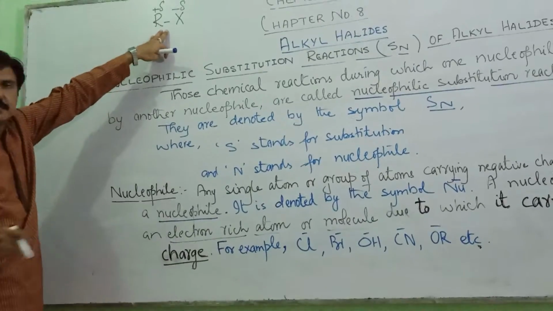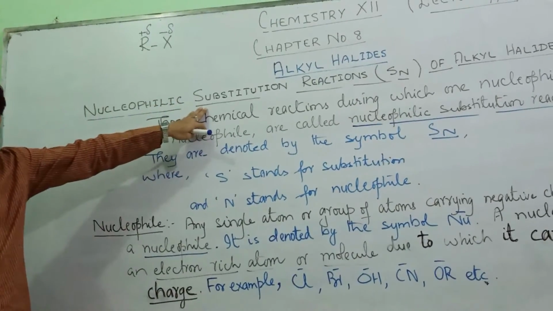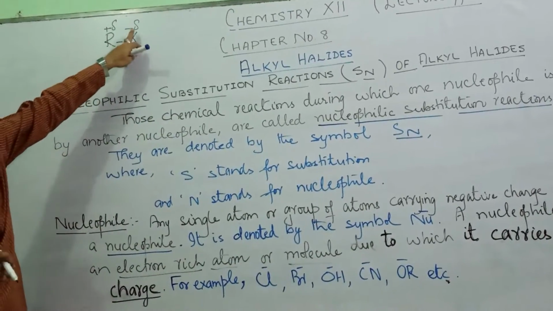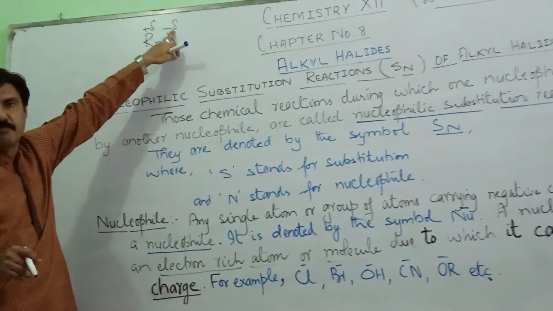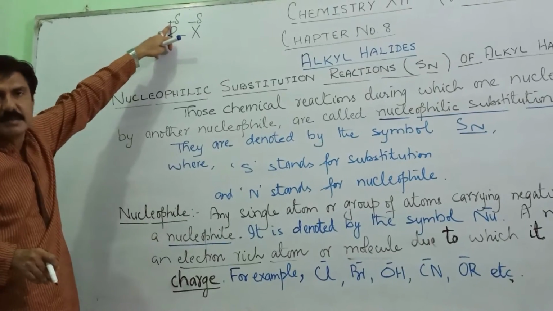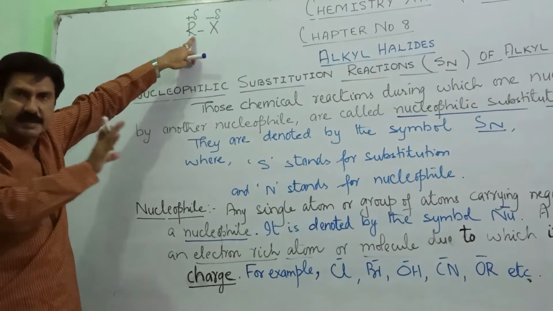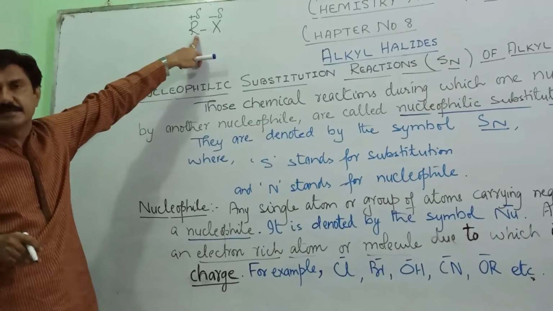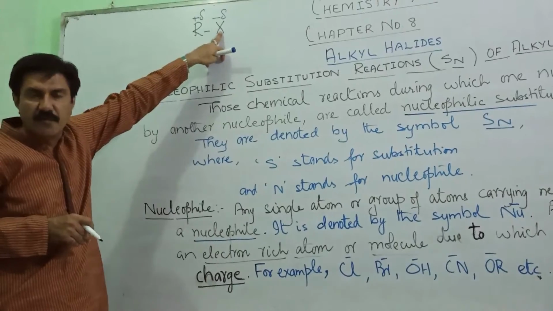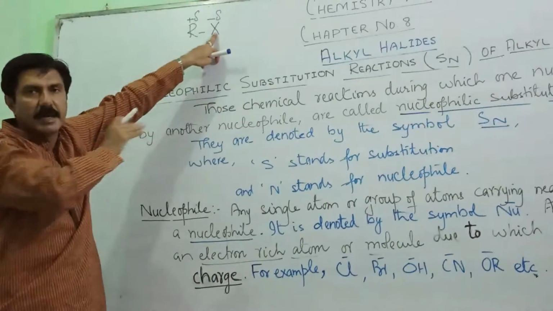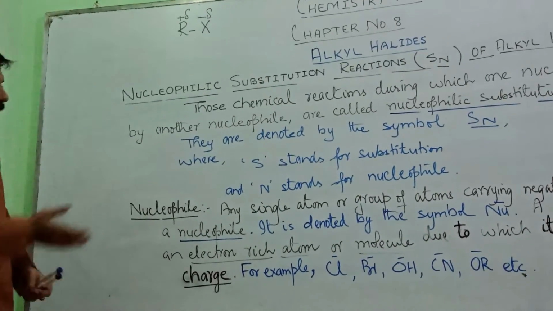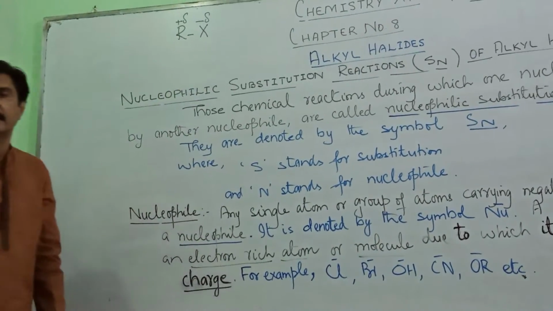Now, when we are discussing nucleophilic substitution reactions, you must be knowing that X, having a partial negative charge on it, behaves like a nucleophile here, while R, having a partial positive charge, is an electrophile. So what we have to do in nucleophilic substitution reactions of alkyl halides is remove this halogen atom as the leaving nucleophile, and in place of this halogen atom we have to introduce any other nucleophile attached to the carbon chain.